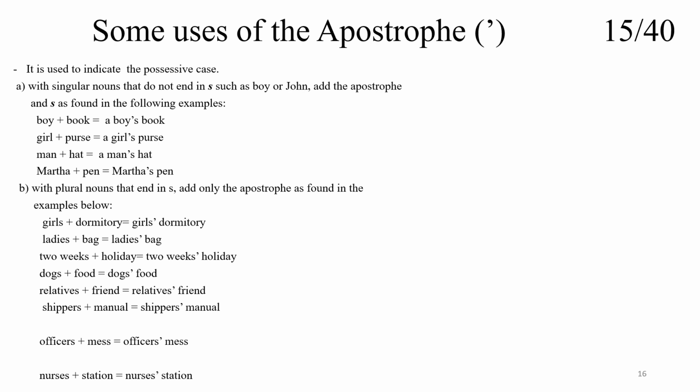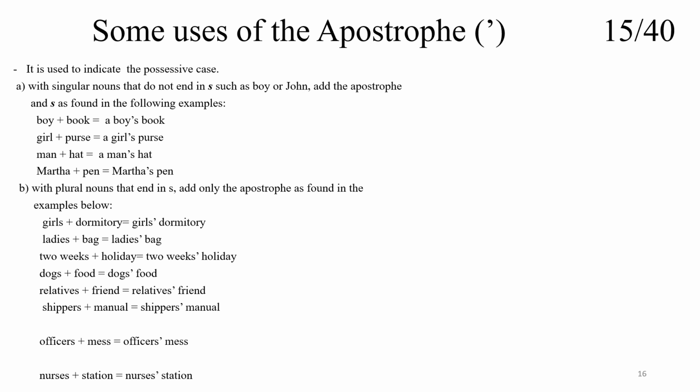Now, ladies plus bag. The bag belongs to all ladies. Where do I place my apostrophe? It should be placed after the last S of the word ladies. So other examples follow. Look at officers' mess. Officers, it's a plural noun, and we want to show that the mess belongs to all of them.